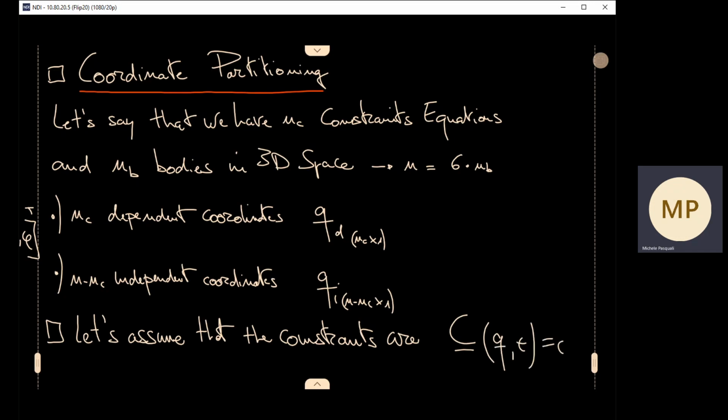Qt equal to 0. Okay, so this is an important limitation because it means that we are only referring to holonomic constraints. Again, or said differently, geometric plus kinematic integrable. Okay?